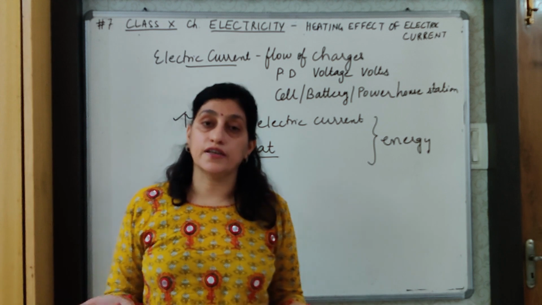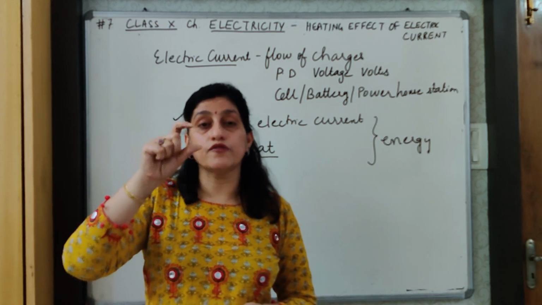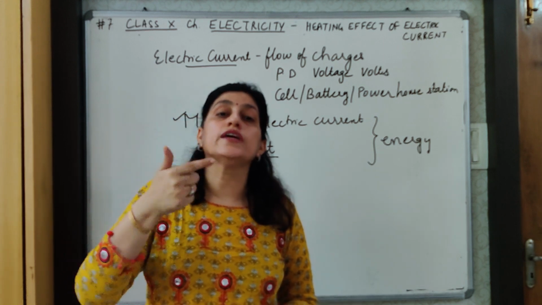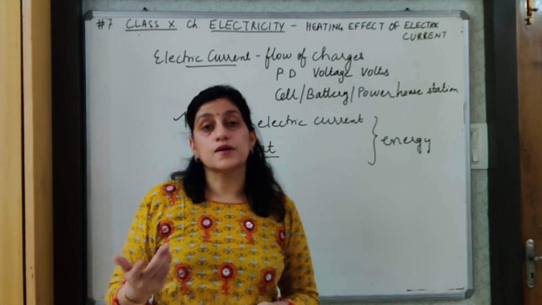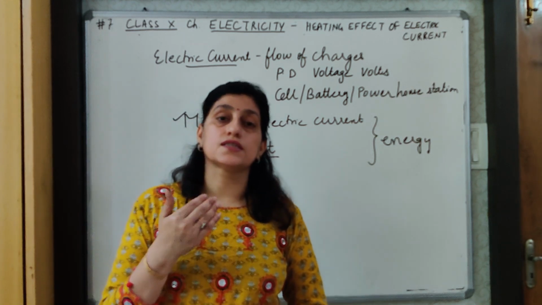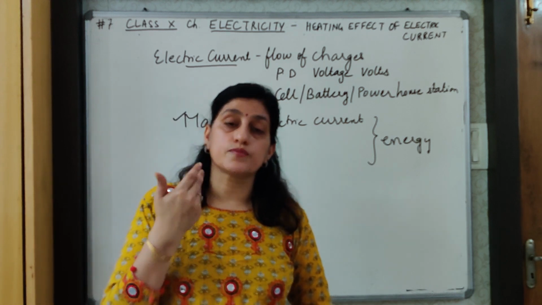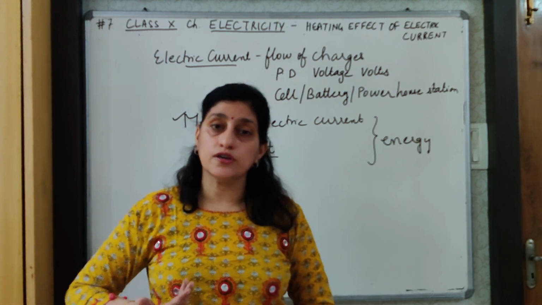Similarly, heating of the fan is not required. Okay, heating of the bulb is required because when the filament heats up, then only it produces the light. But in some cases, heat is not required. In those cases, the heat energy is produced because of the supply of electricity and is not required.